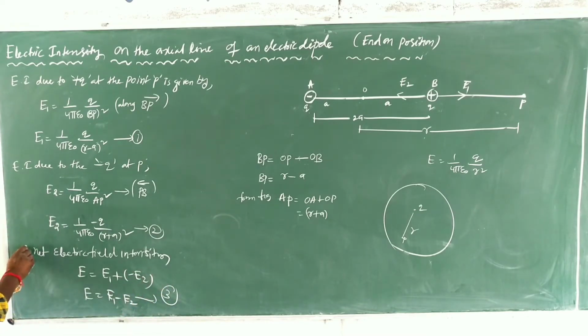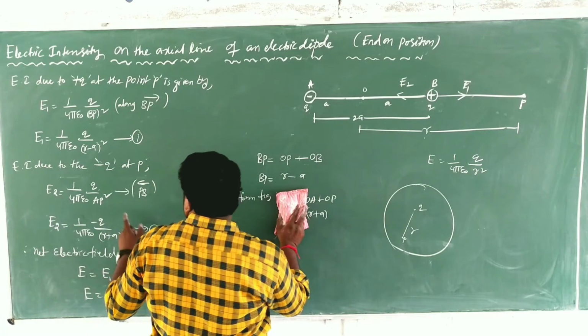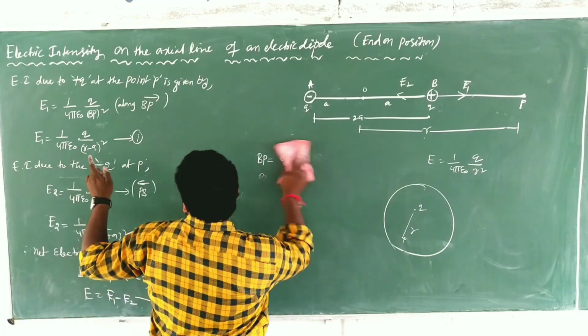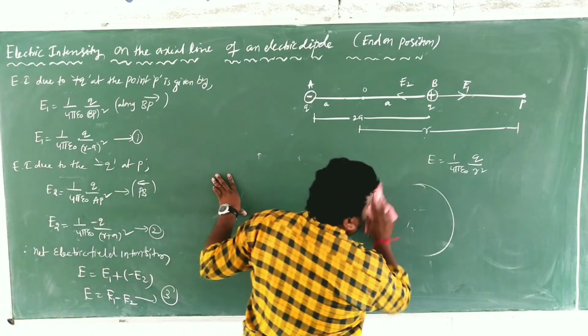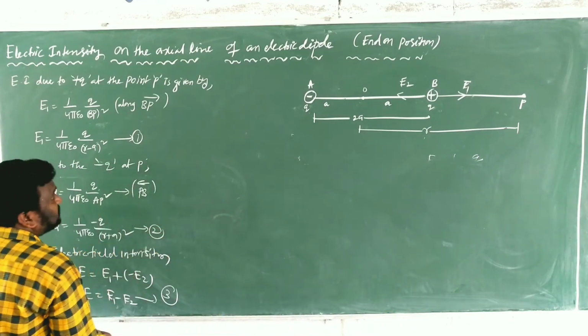So therefore net means what? Resultant. When we have E1 and E2, then automatically according to the addition property of vectors we will write E is equals to E1 plus or minus E2, and then E is equals to E1 minus E2. Now already from equation number 1 and 2 what do we have? Yes, 1 by 4 pi epsilon Q by R minus A square is the E1, and already we know that E2 value also. Then we have to substitute them in equation number 3.